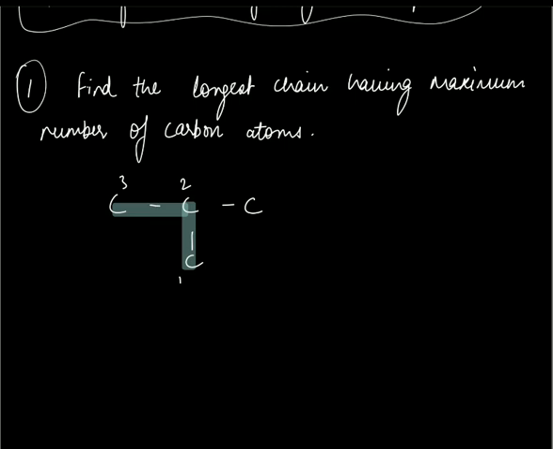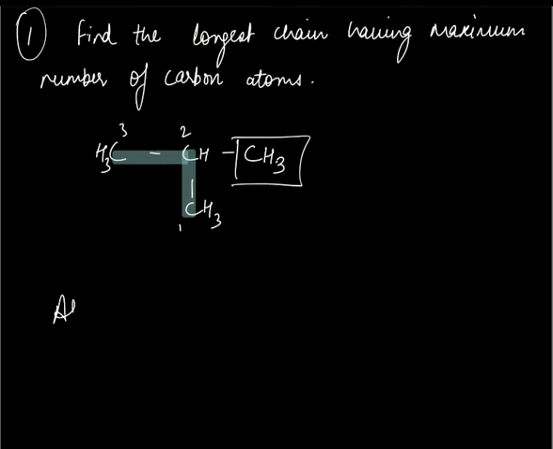So if I take this structure, you put the hydrogens. Over here, this carbon is not numbered. Always try to put a box over there just to understand that this carbon is not a part of the main parent chain.